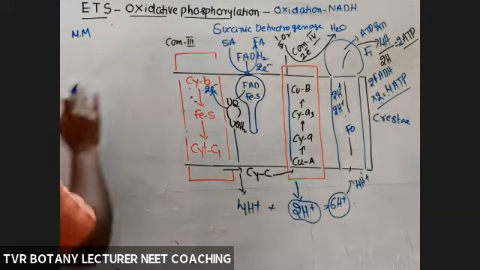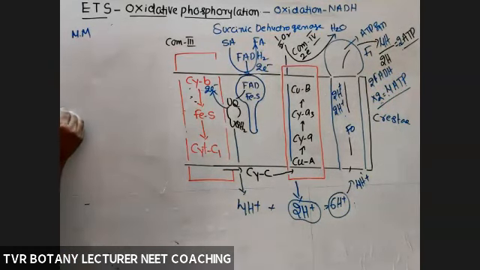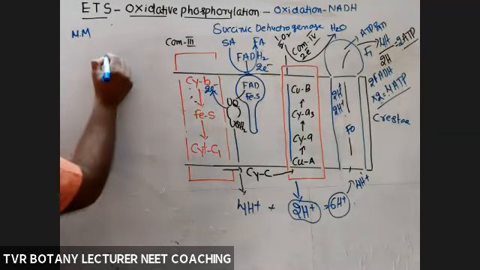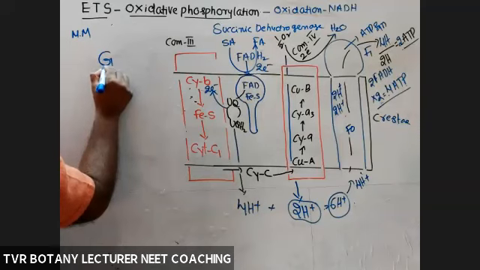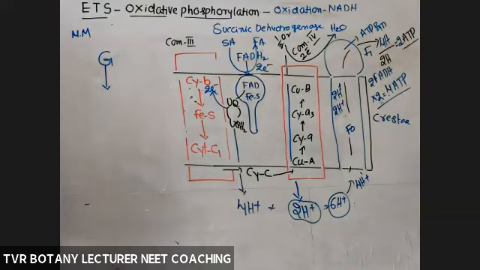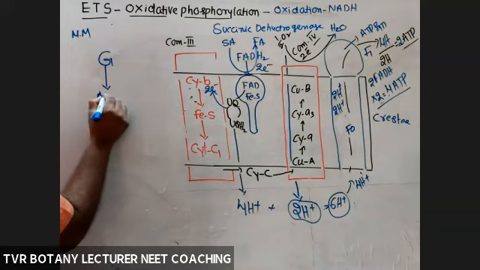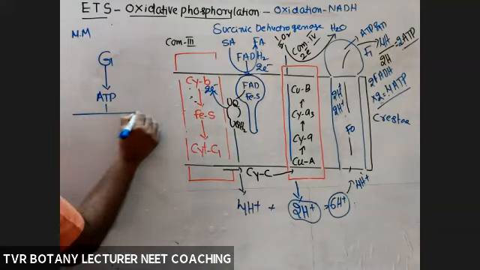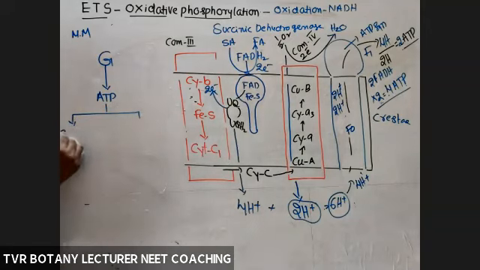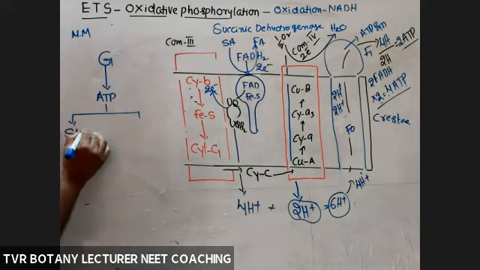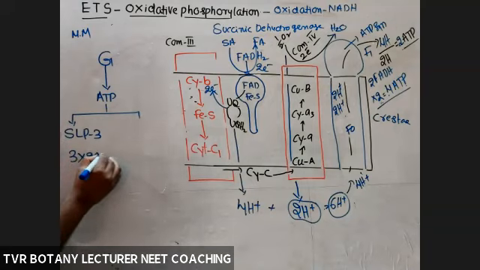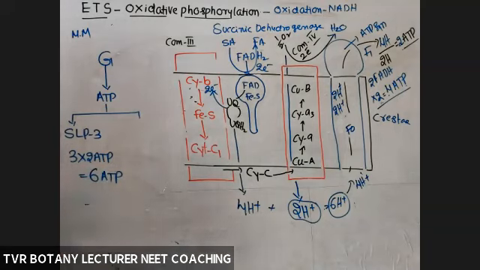Okay. So now, if one glucose molecule is completely oxidized, I'm taking here one glucose molecule. ATP formation is in two ways. What are they? One is SLP, substrate-level phosphorylation. How many SLPs? 3 SLPs, 3 into 2, how many? 6 ATP molecules.